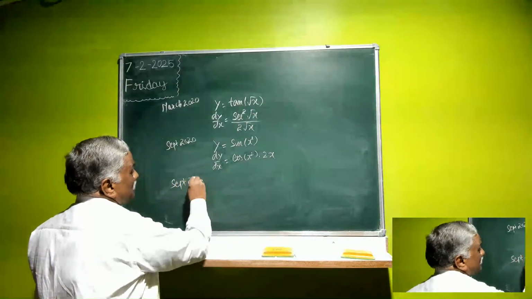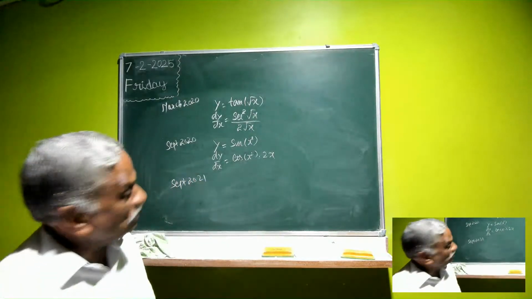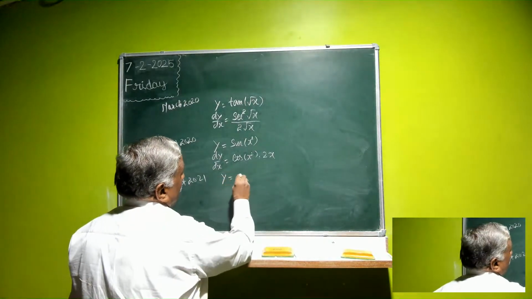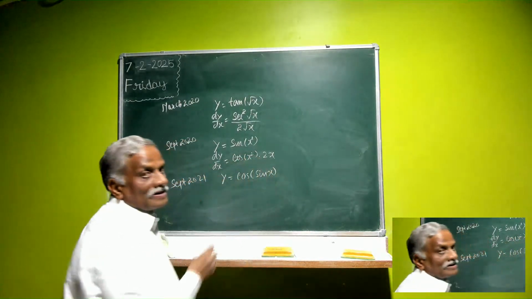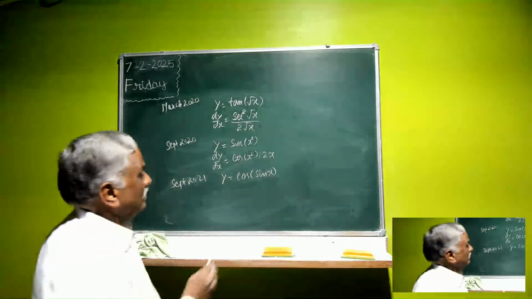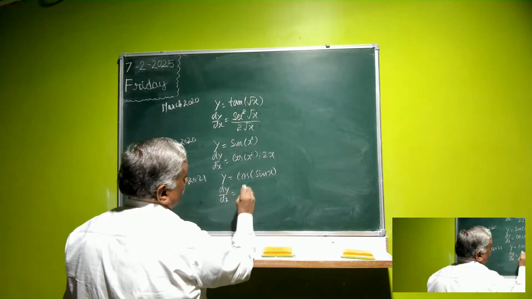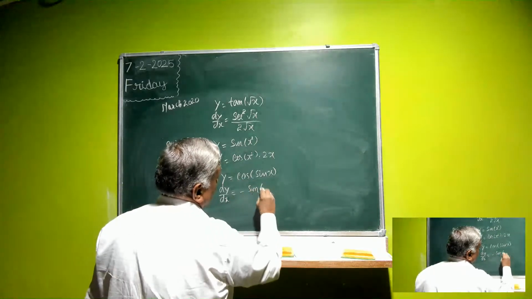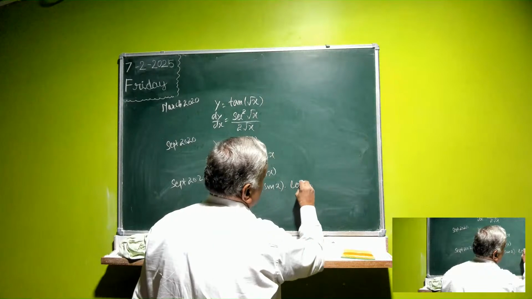There was no exam in March. The exam was held in September. Y is equal to cos of sin x. Dy by dx is equal to cos is minus sine of sin x, and sin x differentiation is cos x.